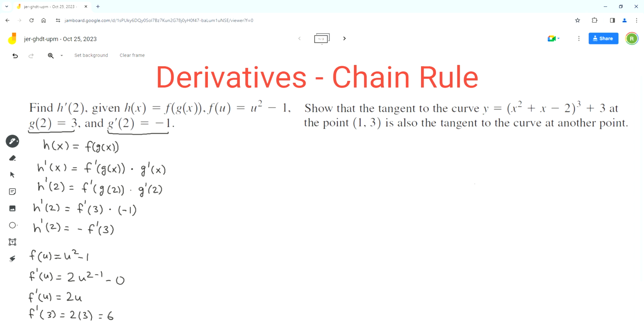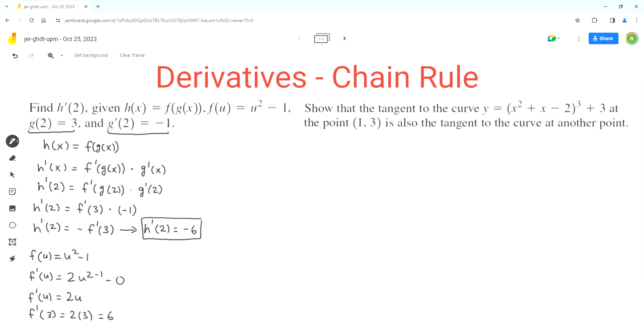So that means f'(3) is equal to 6. So now we can sub in this value to find the value of h'(2). So that means h'(2) is equal to minus 6. So this should be the final answer for this problem.